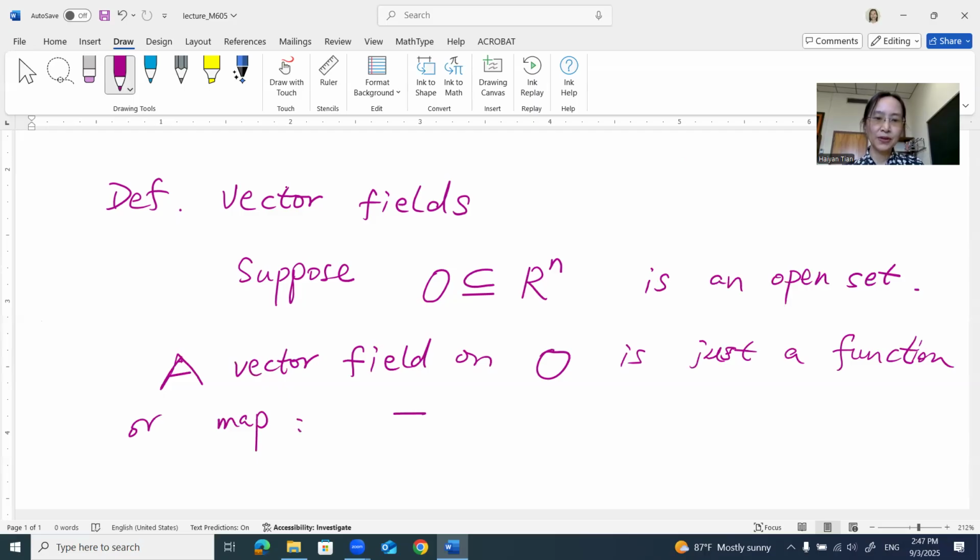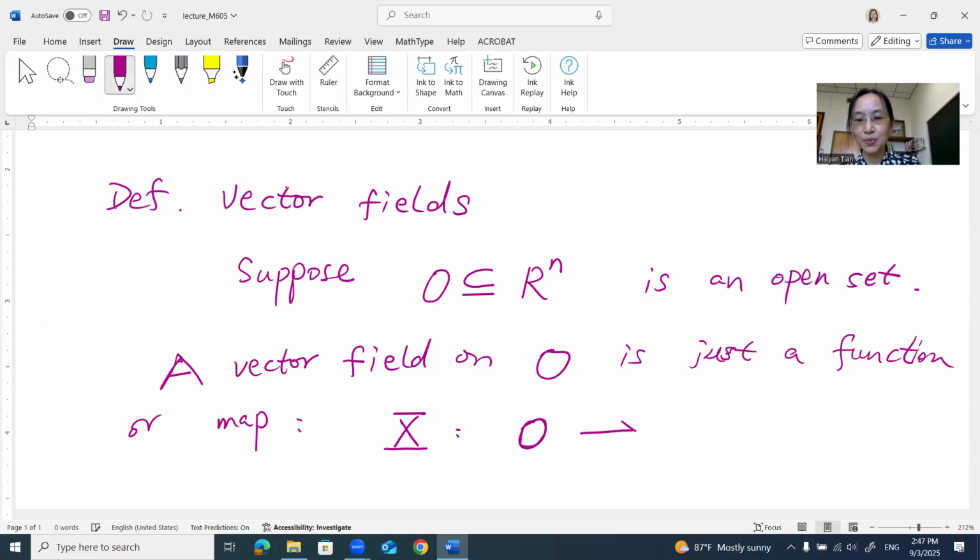So let's call this map capital X. This capital X is defined on the open set, which is a subset of Rn.